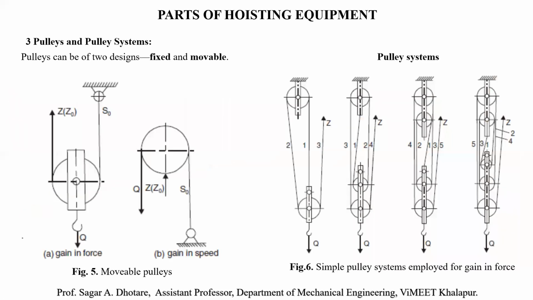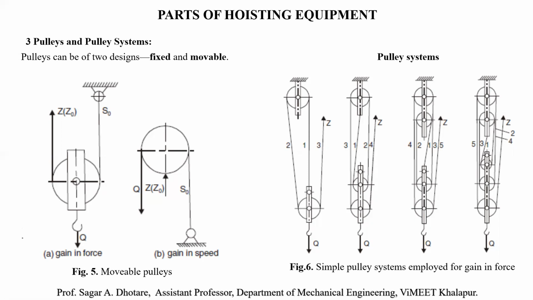Okay. Next one, pulley and pulley system. It's a very important thing with respect to the design aspect. So there are two types of pulleys: a fixed pulley and a movable pulley.